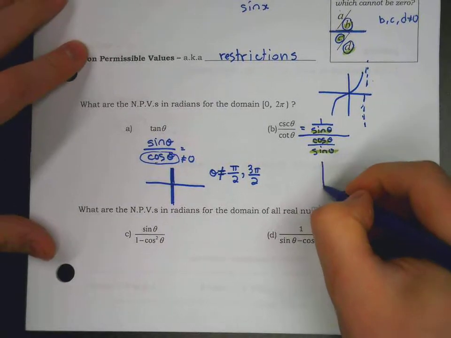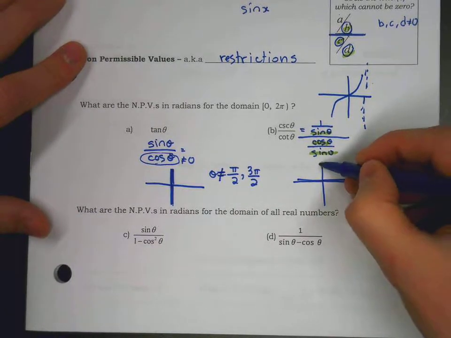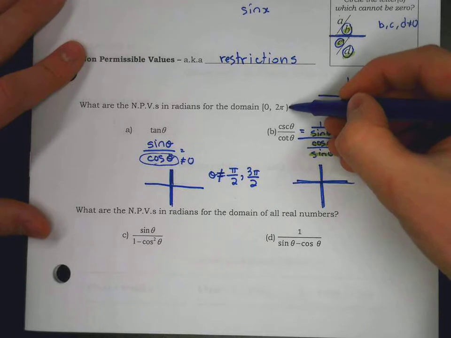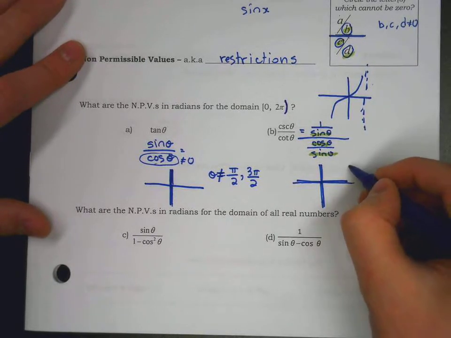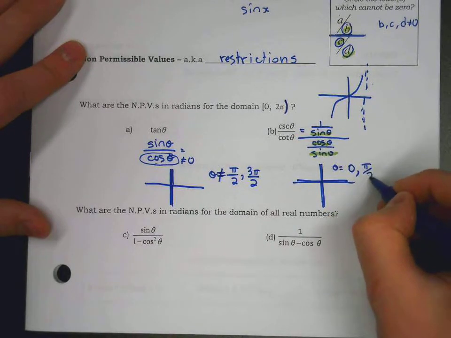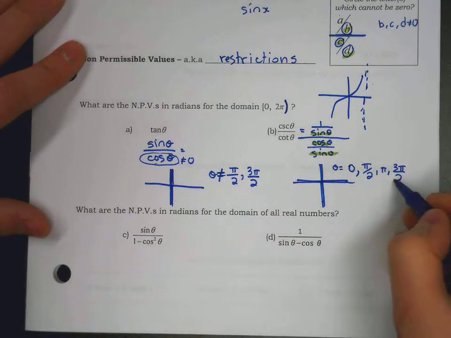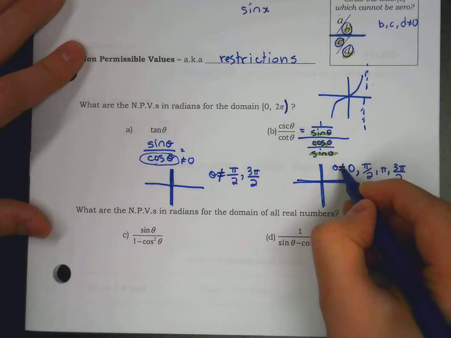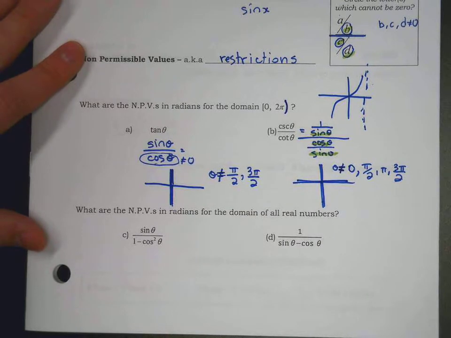So we ask on the unit circle where sine is 0, where cos is 0, and in fact at all 3 spots, excluding, because of the round bracket, excluding 2 pi, we can say when theta is 0, pi over 2, pi, 3 pi over 2, and I don't get to say 2 pi because it's got a round bracket, but we get to say theta is not allowed to be these angles, because if it were, it would create zeros in a denominator position.